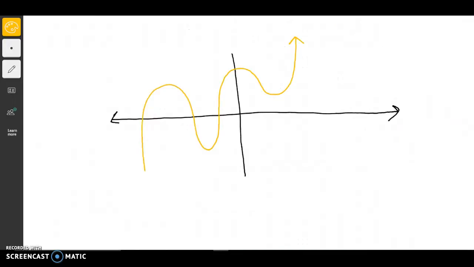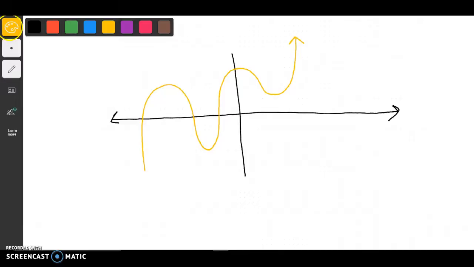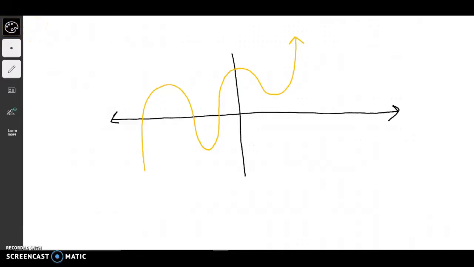The next thing that we need to be able to do is look at a graph and tell what its degree is. To be able to do that, the first nice thing to do is to find how many real roots it has. Roots are every time it crosses the x-axis.